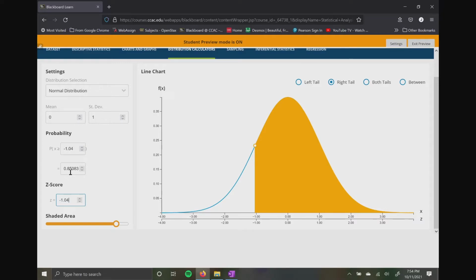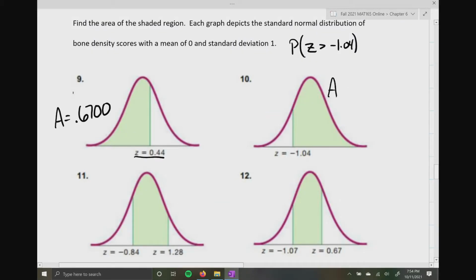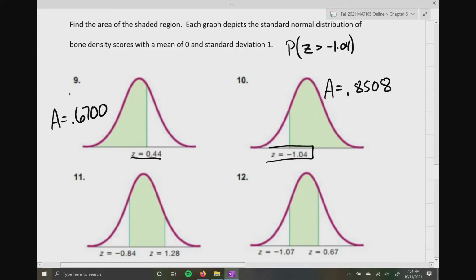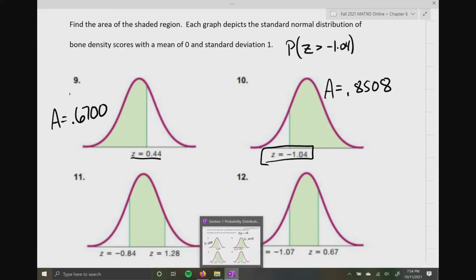So I'm going to go ahead and just round it to 4 decimal places. So it's going to be 0.8508. Now, let's go back to our notes. We're going to write area equals 0.8508, okay? But now the question becomes, okay, well, how do we do this with the table, all right? So notice our z-score is negative 1.04. So let's go to our table.